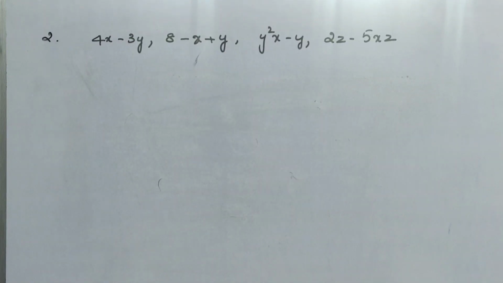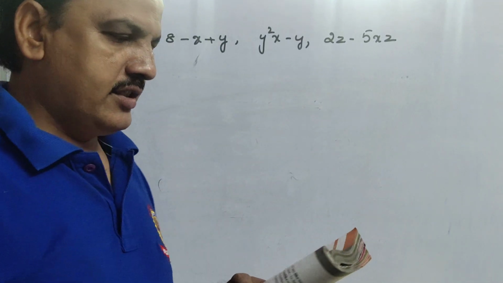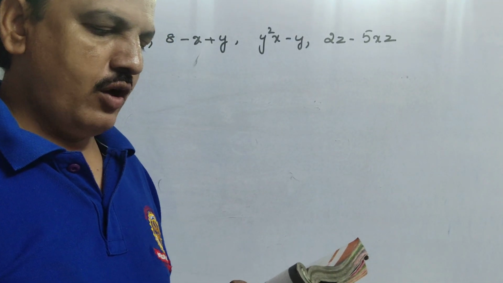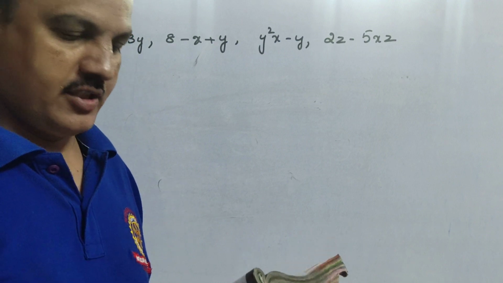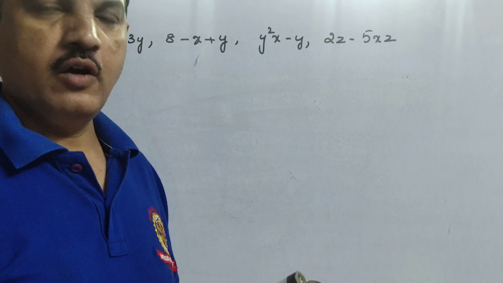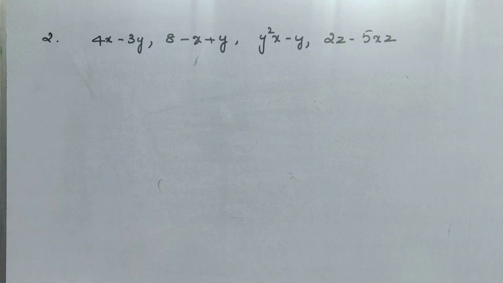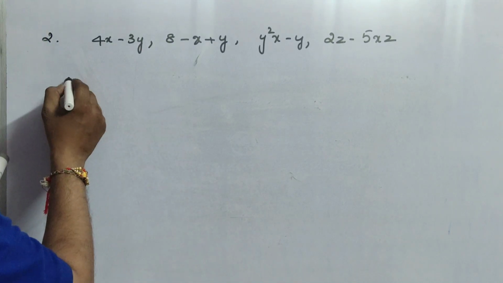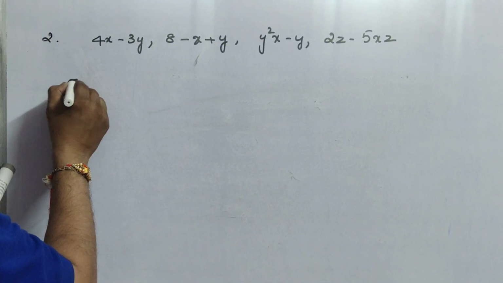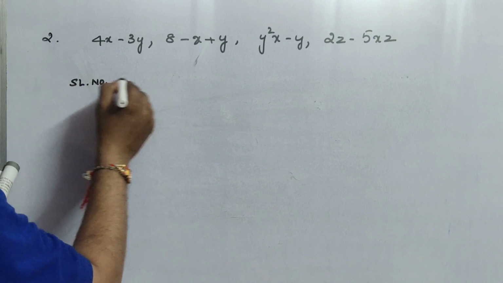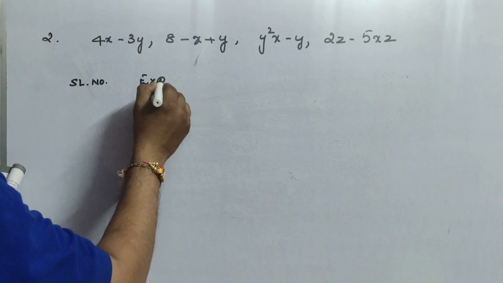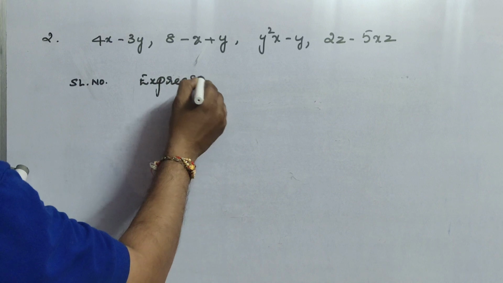Okay children, listen here. The second question, example 2: what are the coefficients of x in the following expression? Here also you can prepare a table with serial number and expression. Always the first column is the expression, because the given question is always an expression.